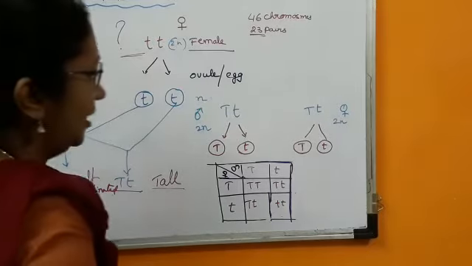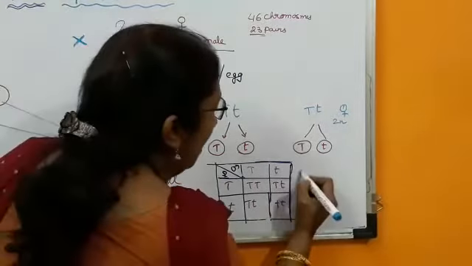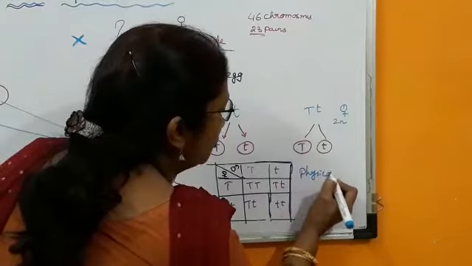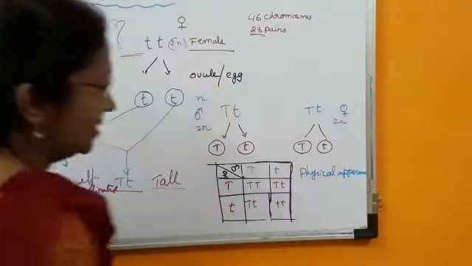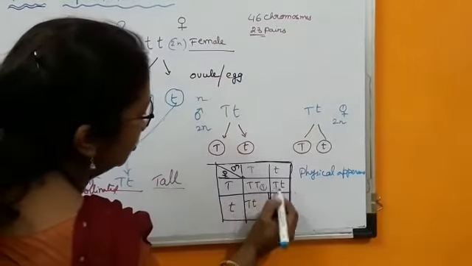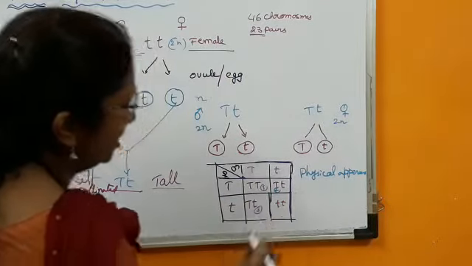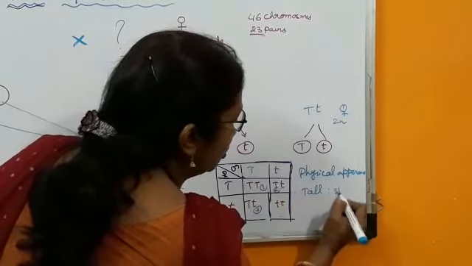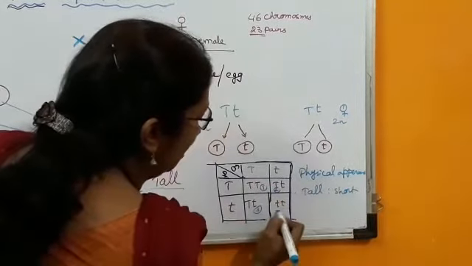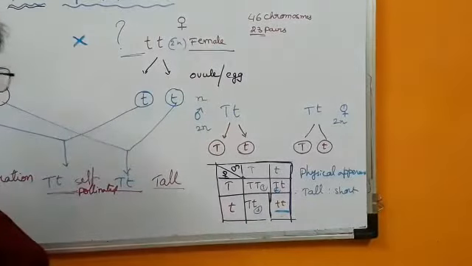Now, what is the physical appearance of these plants? If you saw it, can you tell me what is the physical appearance of these plants? 1, 2, 3. These three will be tall and only one plant is short. Which one is short? This one is short. Okay.